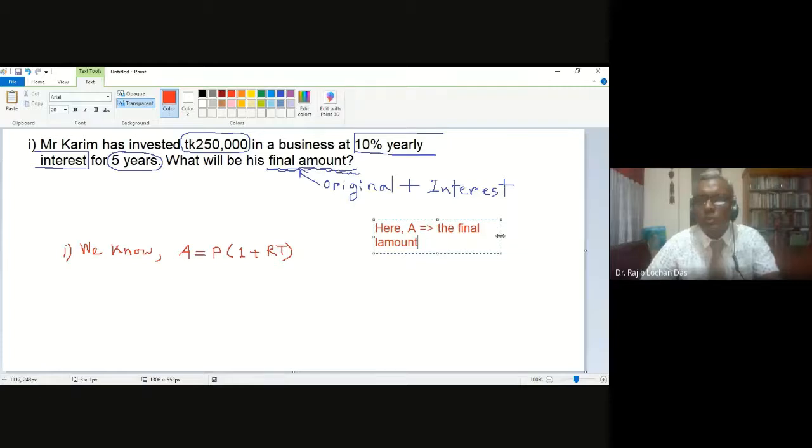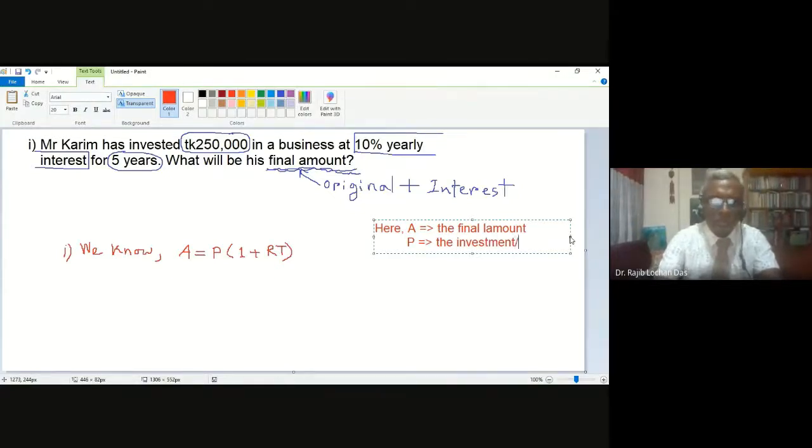That is what will be the total amount after the interest is given. And P is the investment, or you can say the original amount.